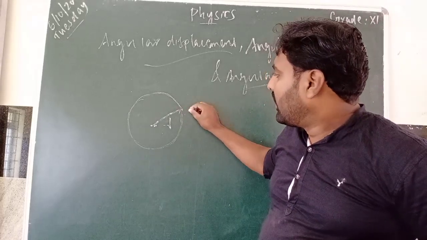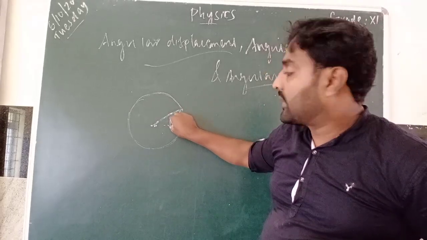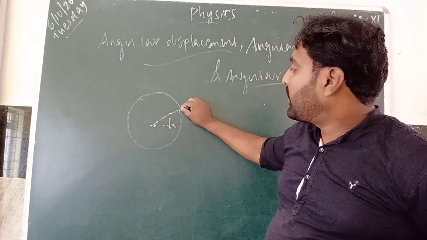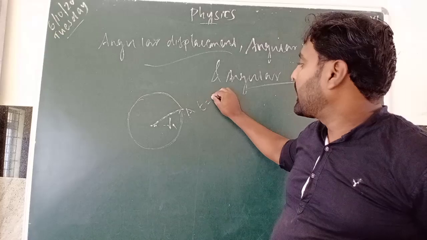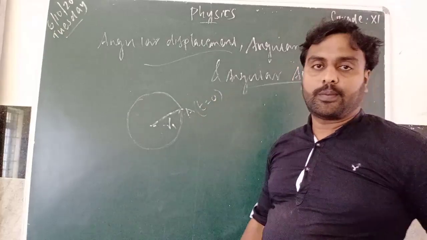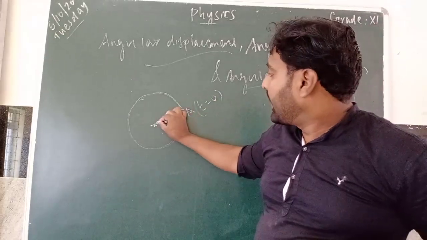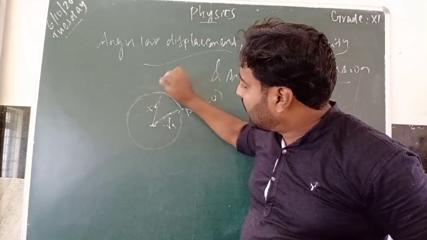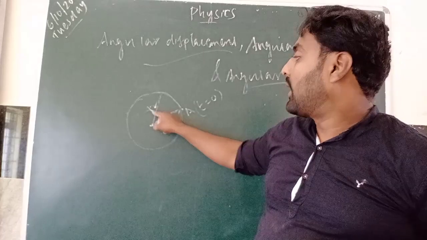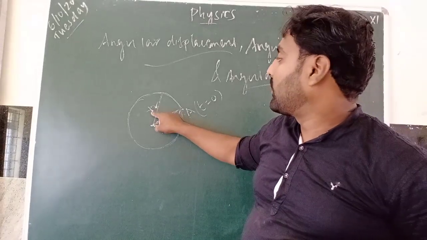Now, when this particle is at the position A, you can keep it as r1, and the time taken is t equal to 0. When the same particle comes here, you can keep the position vector r2, position r1, position r2.